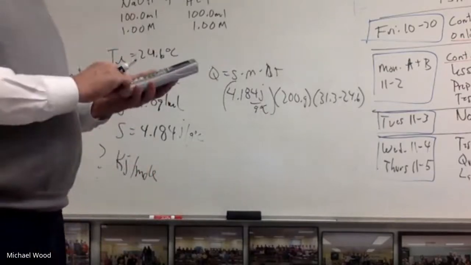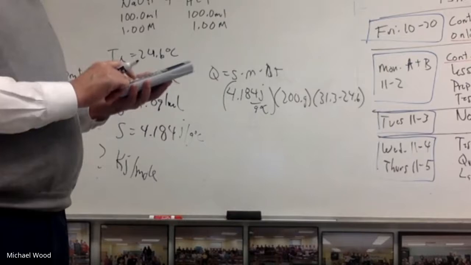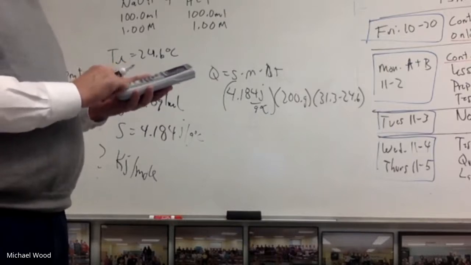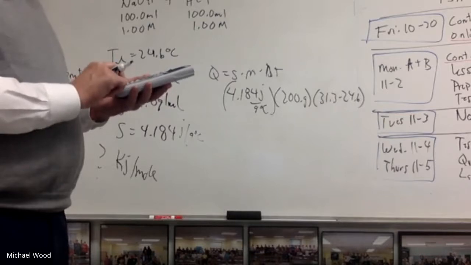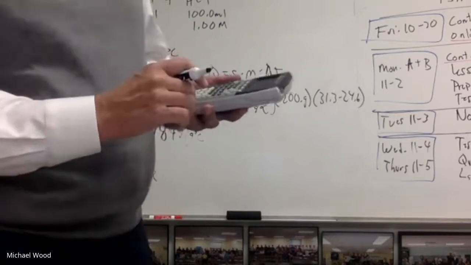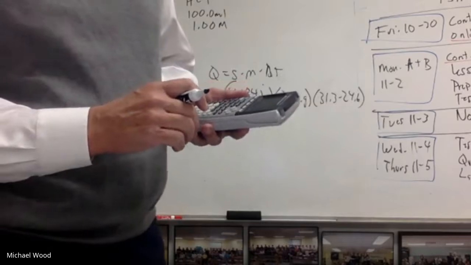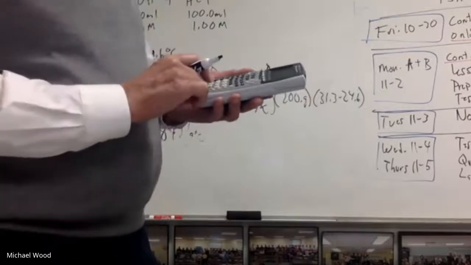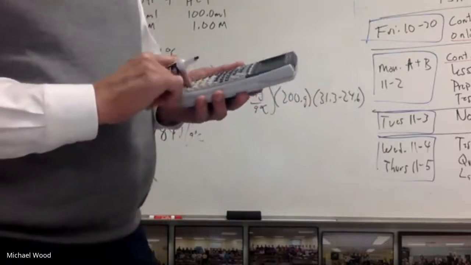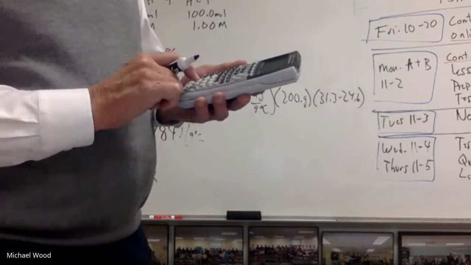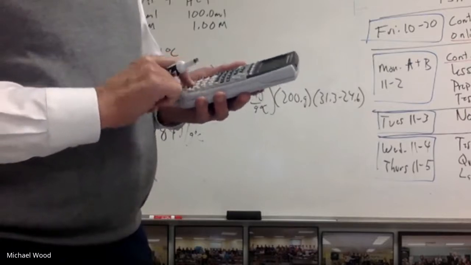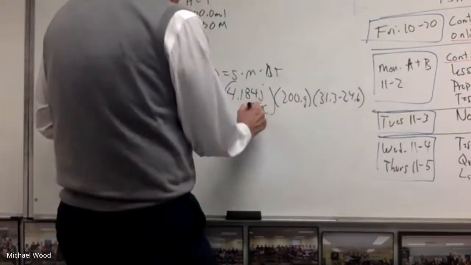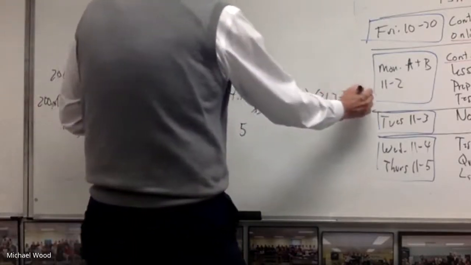So if I do the math here on my calculator, I've got 6.7 times 200 times 4.184, which gives me about 5,000, and again, the units: grams go, degrees Celsius go.